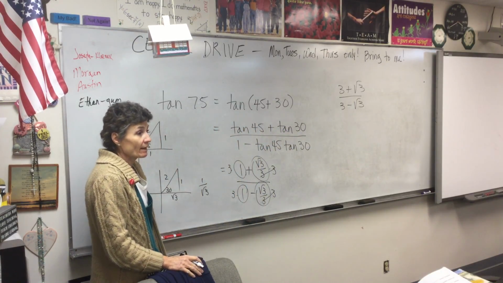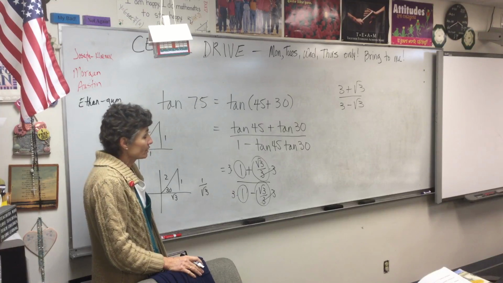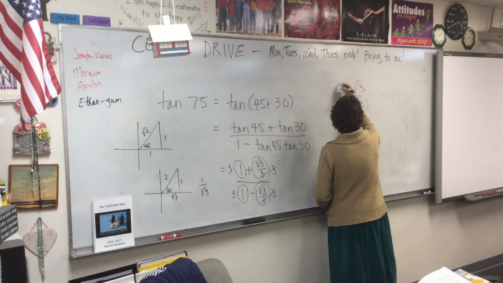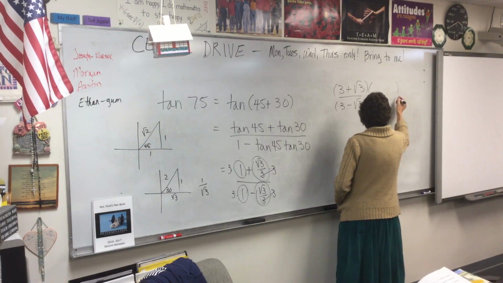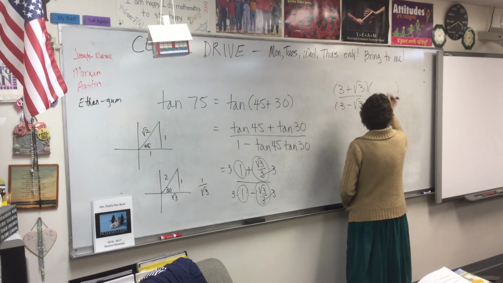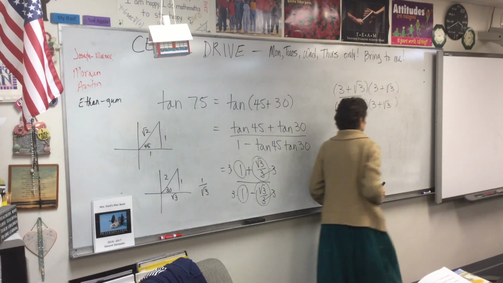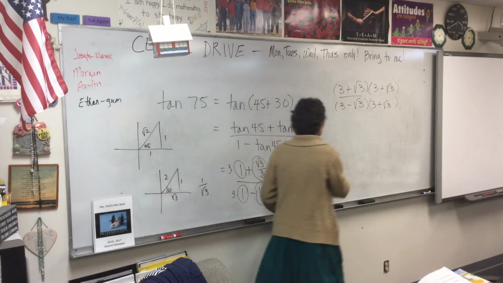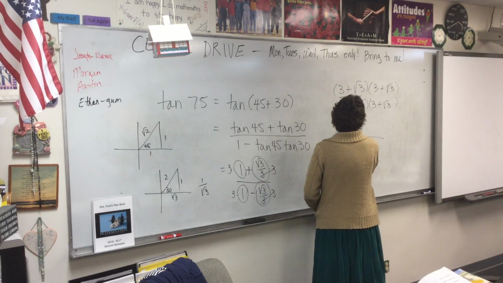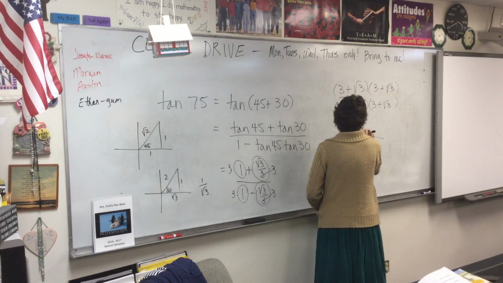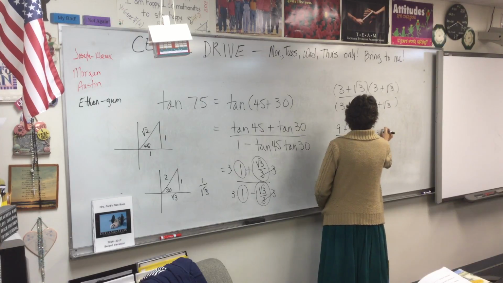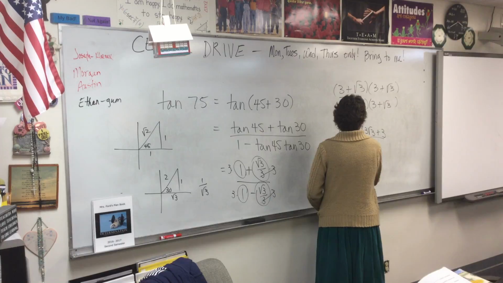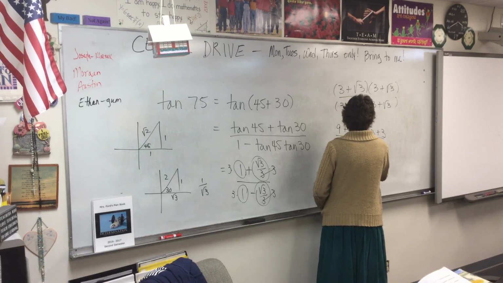Now we've got a radical in the bottom. That can't be there. So we're going to multiply, like Christina said, by the conjugate of the bottom, which would be 3 plus root 3. Right? And now we just FOIL all over the place. So first, outside, inside, last. And first, outside, inside, last.